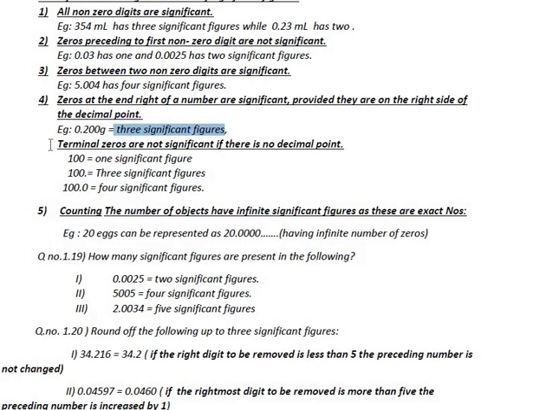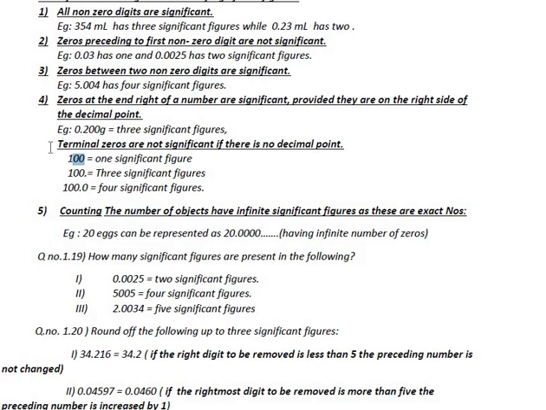Now we have another rule. Terminal zeros are not significant if there is no decimal point. So let us consider this one, 100. In this example, there is no decimal point, so it consists of only one significant figure. These two zeros are not considered significant in this case because we don't have a decimal point.